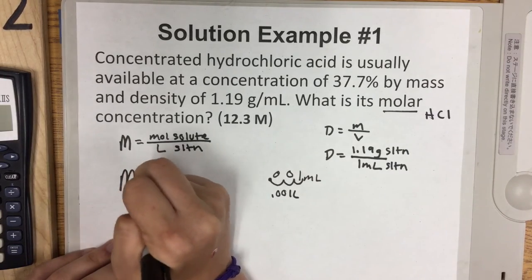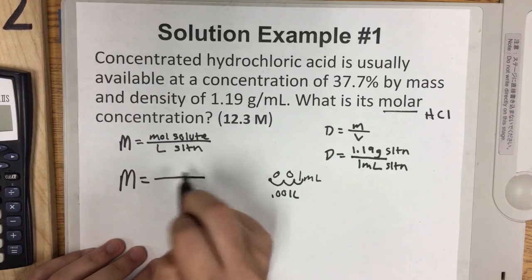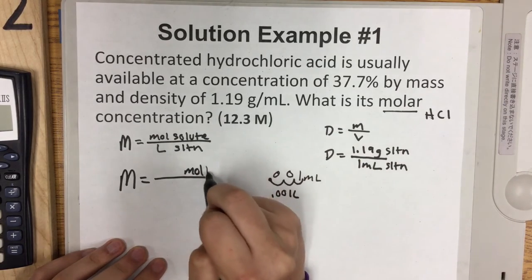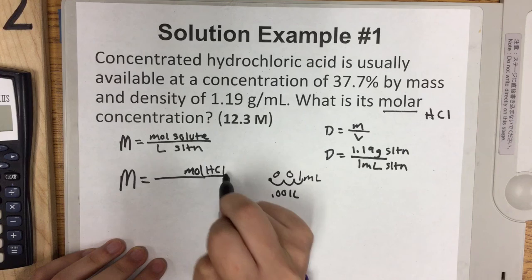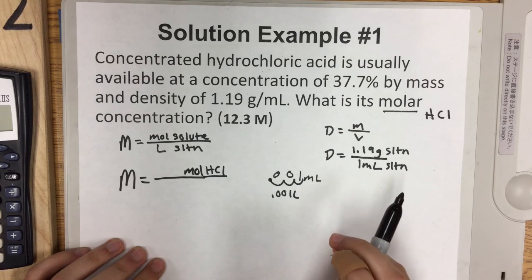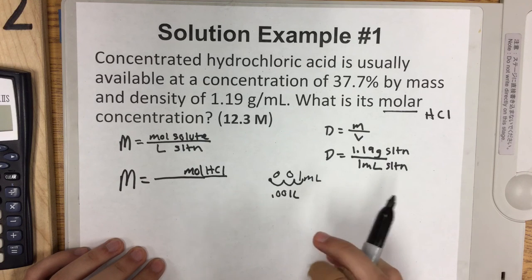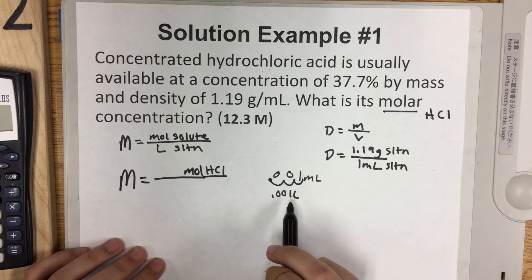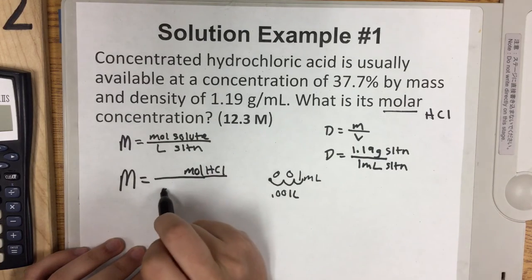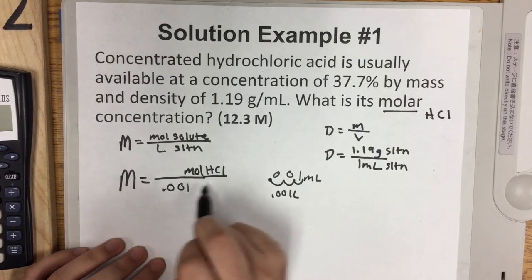So if we rewrite this to know what we're solving for, we have a blank moles of solute, and the solute is the hydrochloric acid, and then we have the liters of solution, which would be 0.001 liters.